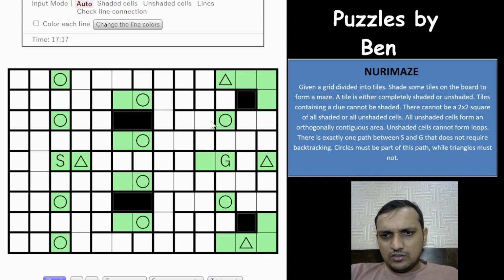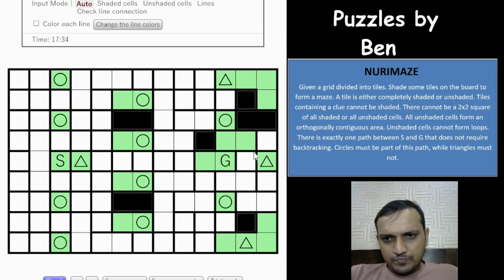Now let us assume you have these two cells as the path. What happens here is it will have to go through the triangle. Not possible, right? The path will never go through the triangle. So this will always be the path for the circle. One of the paths is this. So I shade this, shade this, shade this.